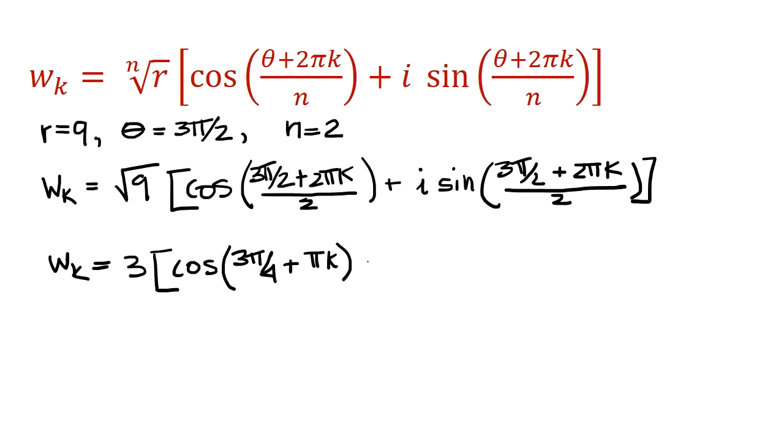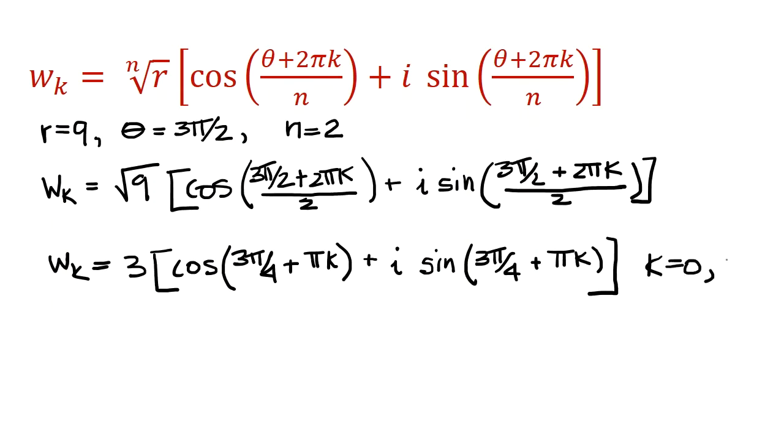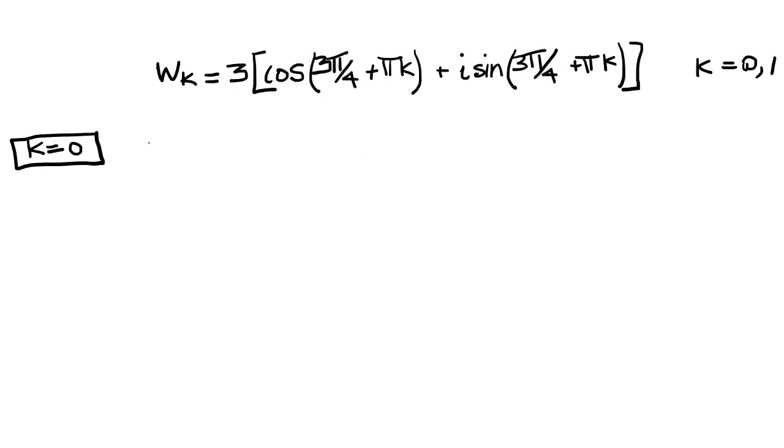So it's a little easier for me to calculate, times i sine, same thing, 3 pi over 4 plus pi k. And there's my value. Now I have to find this when k equals 0 and k equals 1. That is 2 roots.